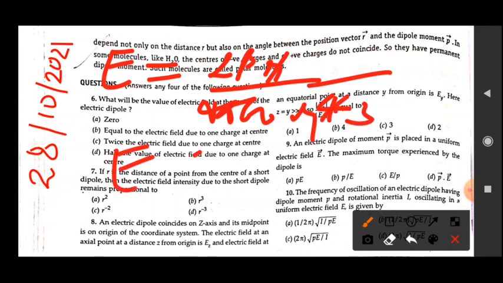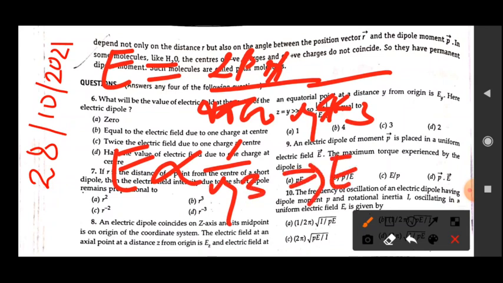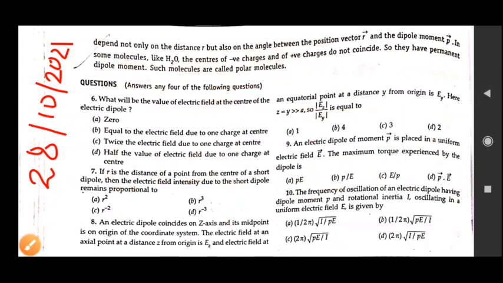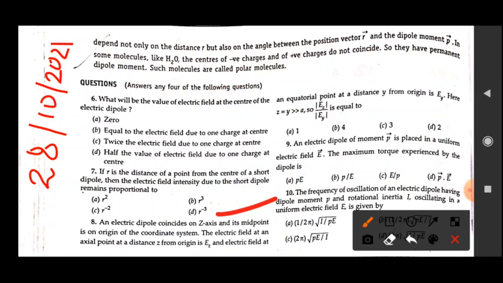So E is inversely proportional to r cube, that is, E is directly proportional to r power minus 3. This is our answer for this question, the way the electric field intensity varies for a short dipole.